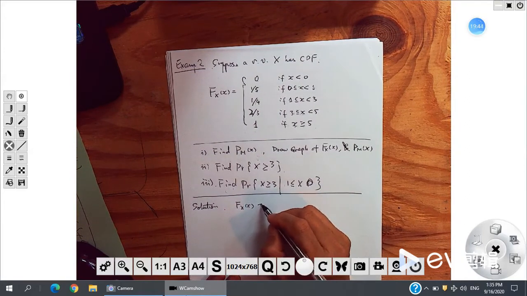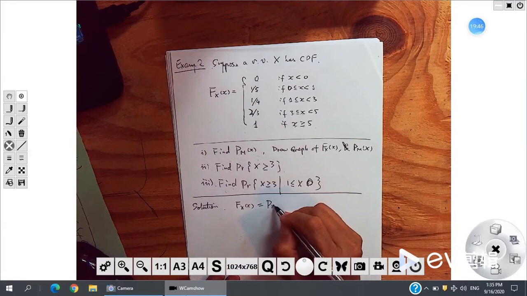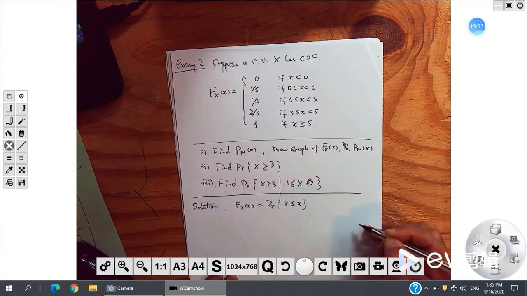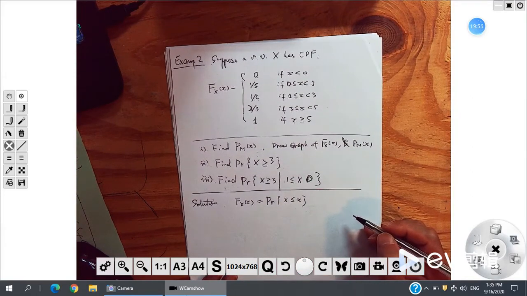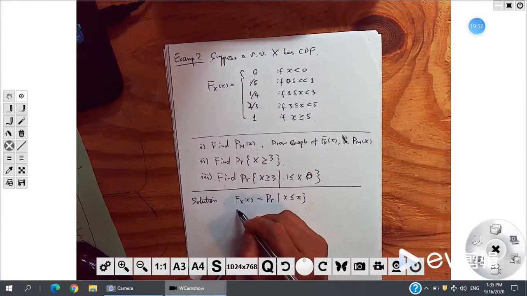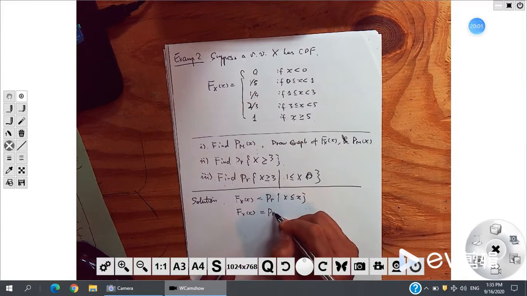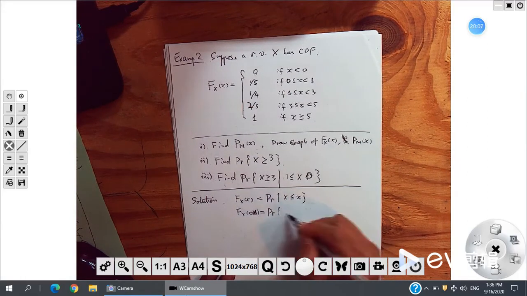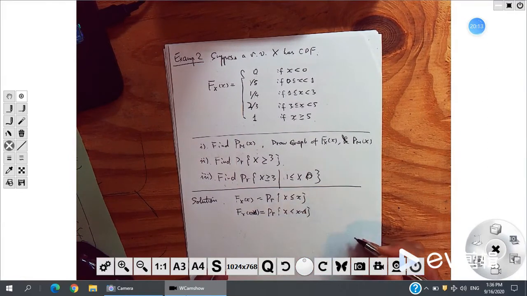That jump gives us the information about the probability. So this one is the probability of X smaller than or equal to x. And F_X(x) minus epsilon equals the probability of X smaller than or equal to x minus epsilon.